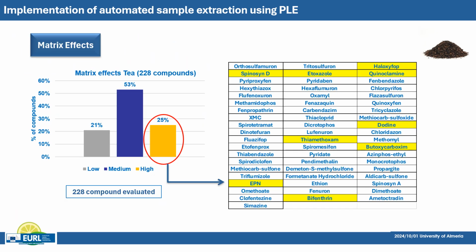In the case of black tea, the matrix effect is medium to high for 78% of the compounds, while 21% show a low matrix effect. In the case of tea, more interference and suppression are observed than in green coffee.